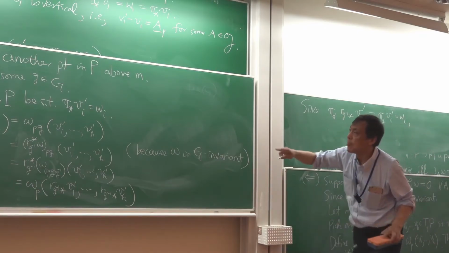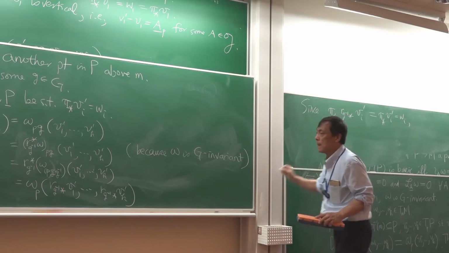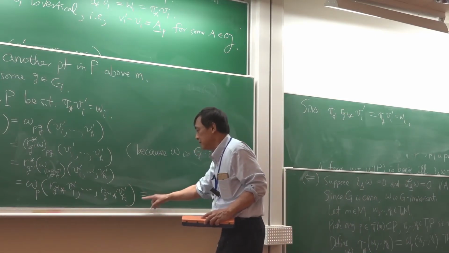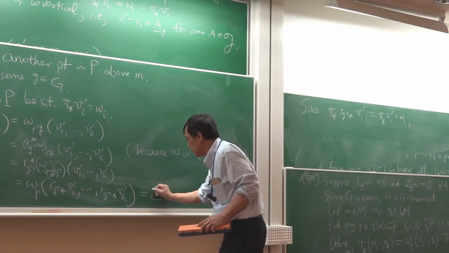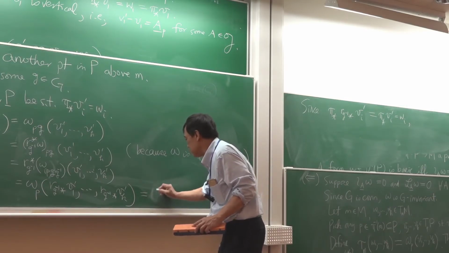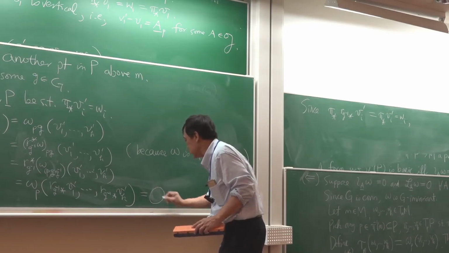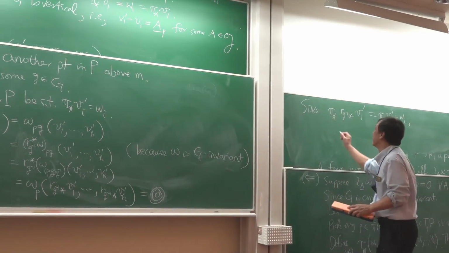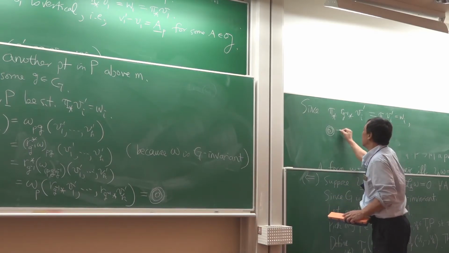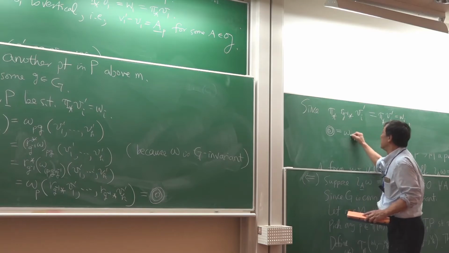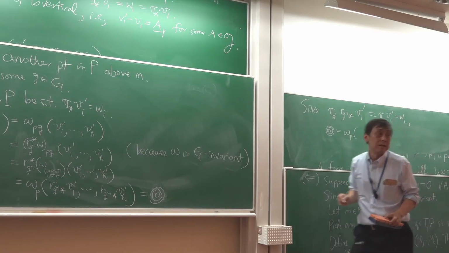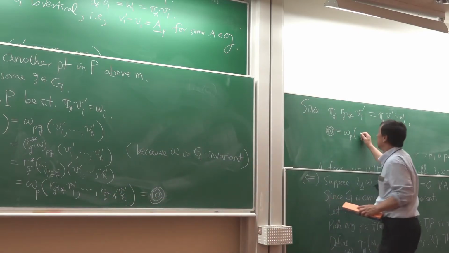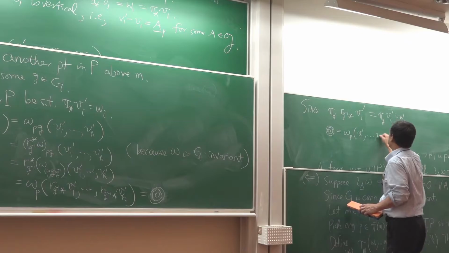So we have, okay, so this, now I'm going to say it is, what would be a good symbol for that? Okay, that is equal to omega P of V1 prime to Vk prime.